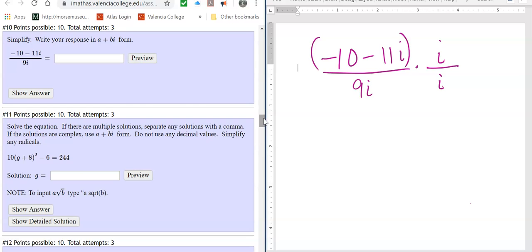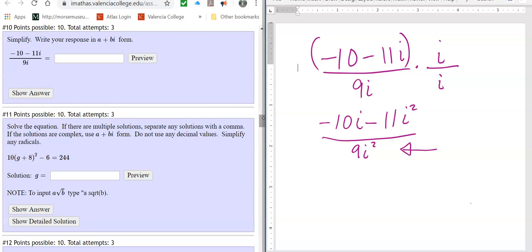But here we go. So I'm going to distribute i times -10 minus 11i. So it's going to be -10i minus 11i squared divided by 9i squared. And remember, our goal was to get rid of the i's. So you got some i's in the denominator, and we don't want to have i's in the denominator.